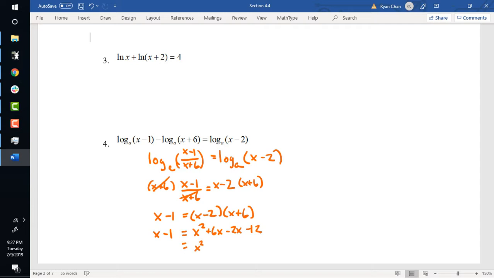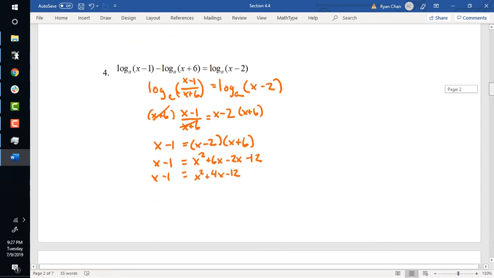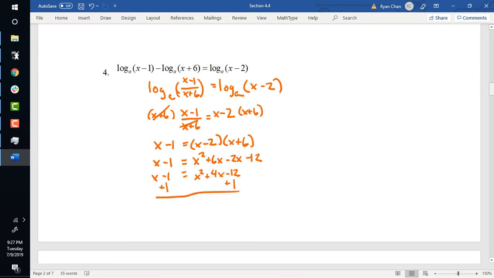So I have x squared plus 4x minus 12, x minus 1. And I'm going to move it over. So this becomes, I'm going to add 1, and subtract x. So I have x squared plus 3x minus 11.